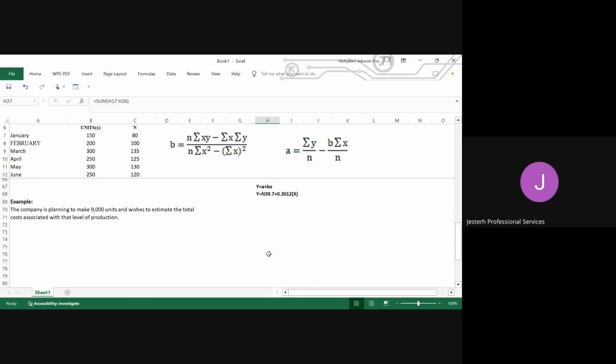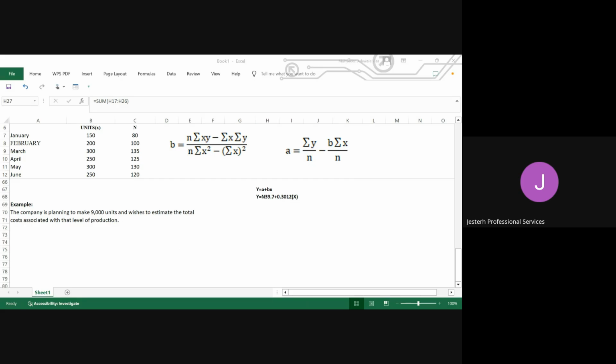Now, let me explain this question in case we are given an objective question where they just ask us to use a linear regression analysis to make a forecast.